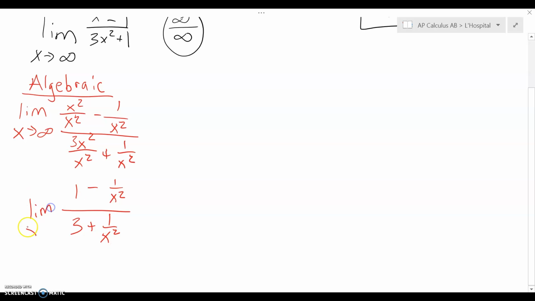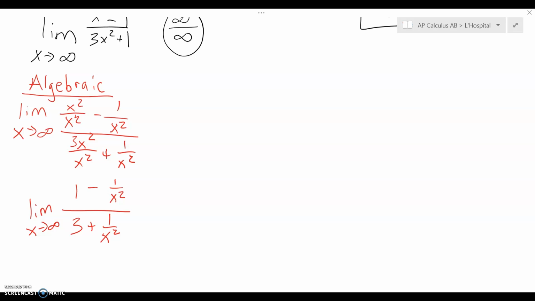The reason dividing by the highest power works when you're going to infinity is anything that still has an x on the bottom will go to 0 when you put infinity in. This is a unique trait when we're going to infinity or negative infinity. In other words, it works really well with power functions going to infinity or negative infinity, a specific subset of L'Hopital's rule.